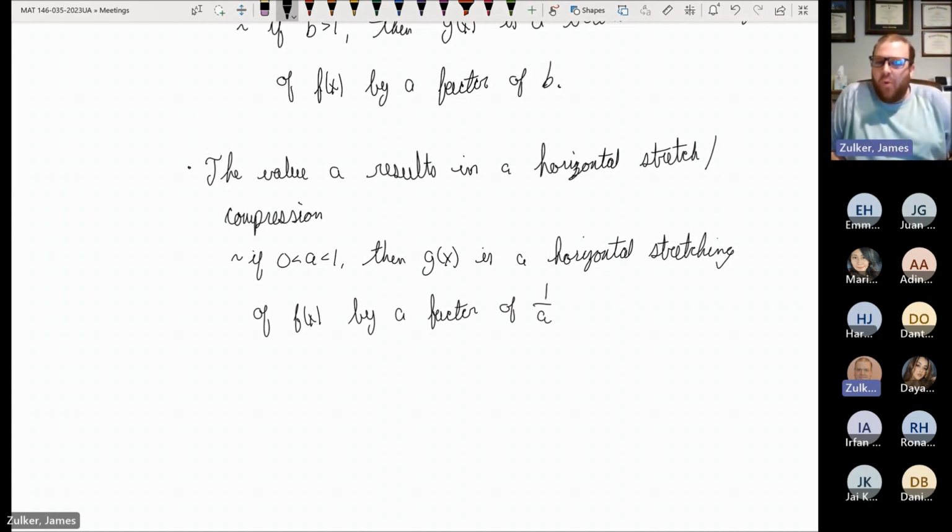If a is between 0 and 1, we have a horizontal stretching by a factor of 1 over a.